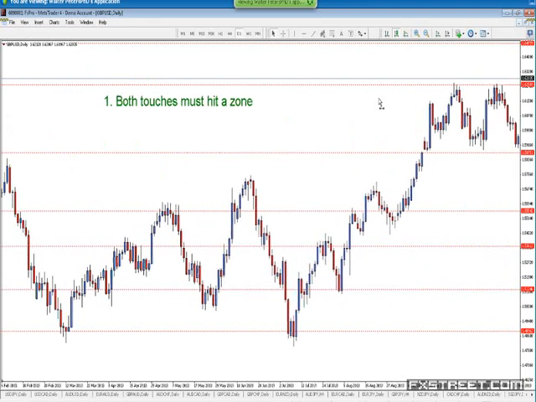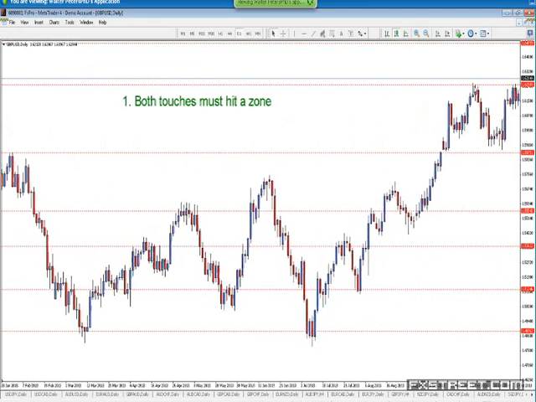So this spot on the chart right here is a support resistance zone. It hit it, it fell, came back up, it hit it again. So it needs to have both touches on the zone. If they don't, there's a slight exception to this, and I'll get into that at the end. But basically, that's the main number 1 thing: both touches hit the zone. All right, so everyone's clear on that.